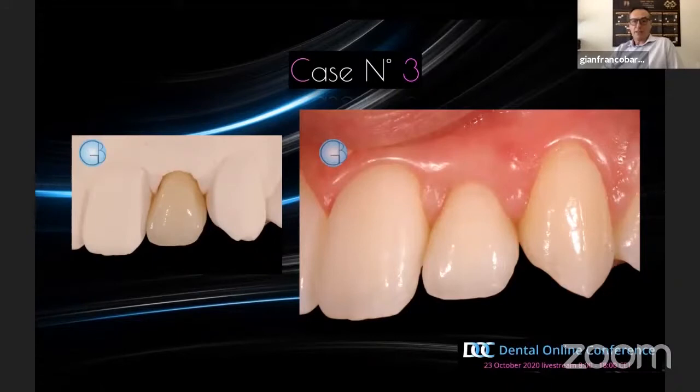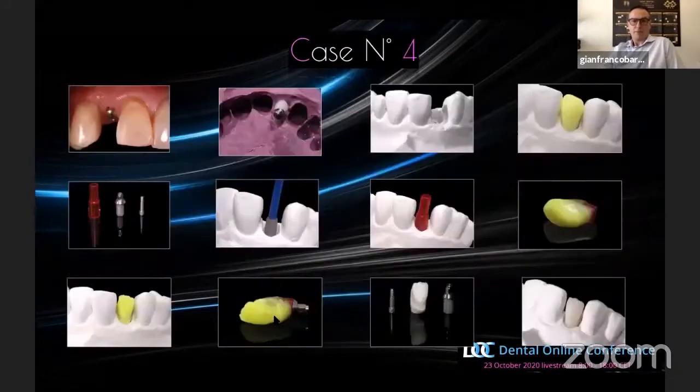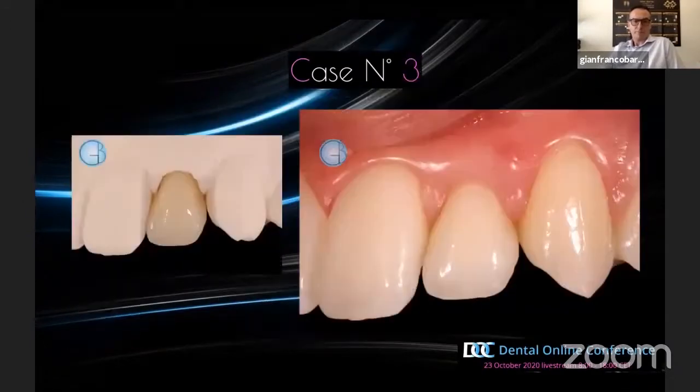Even in this case, with this kind of abutment, we can manage and give the correct design to the crown.